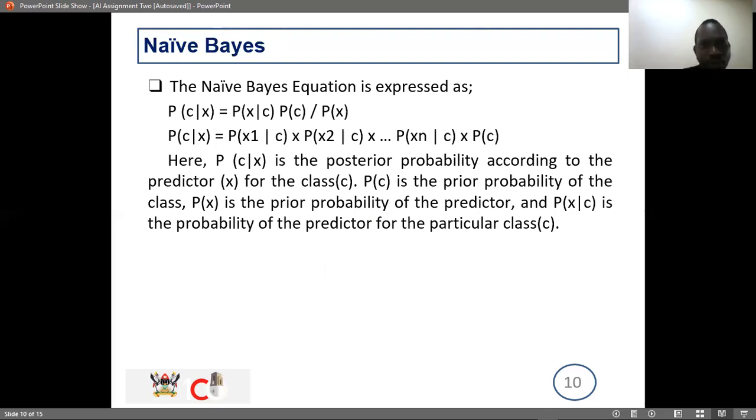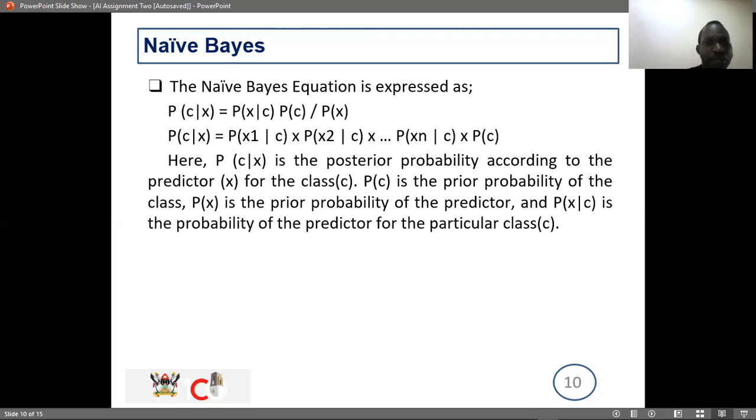The probability of C given X is equal to the probability of X given C multiplied by the probability of C over the probability of X. And the probability of C given X will be equal to the probability of X1 given C multiplied by the probability of X2 given C, and so on up to the probability of Xn given C, multiplied by the probability of C.